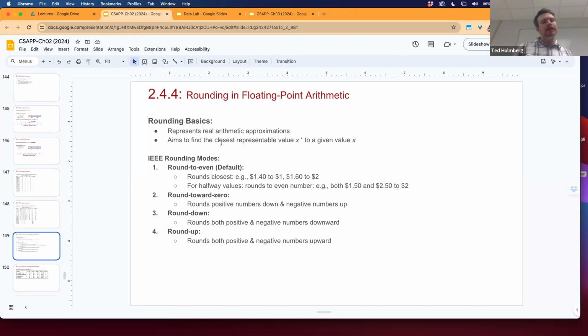So here, the entire point of rounding is to try to find the closest representative value given the values that we do have. So let's explain the behavioral differences between these rounding schemes. The one that's used by the IEEE is this round to even. The idea behind it is it rounds to the closest value. So for instance, if it's 1.4, it would round down to 1.